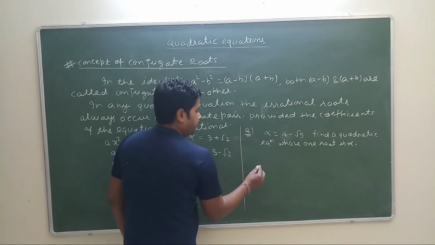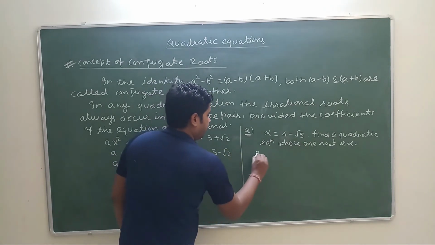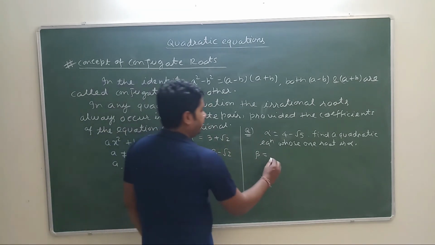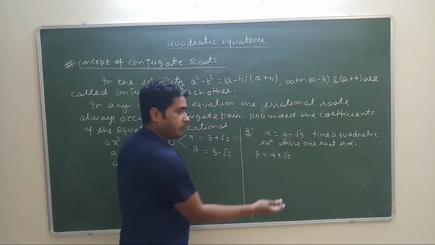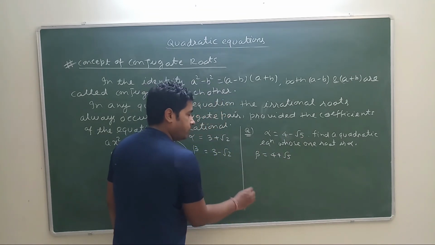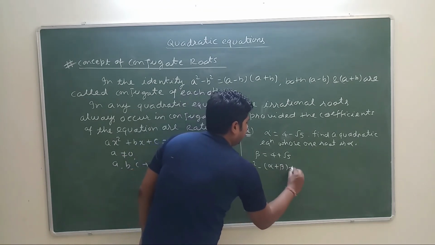So here alpha is given as 4 minus root 5, which is irrational. So we will use this concept and write beta as 4 plus root 5. This was the a minus b form, so beta will be the a plus b form. Now we have alpha and beta both. We can easily find the equation by using this formula.